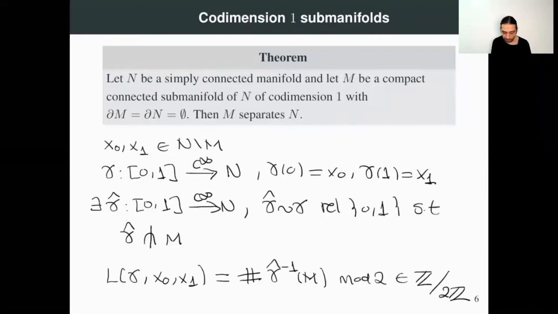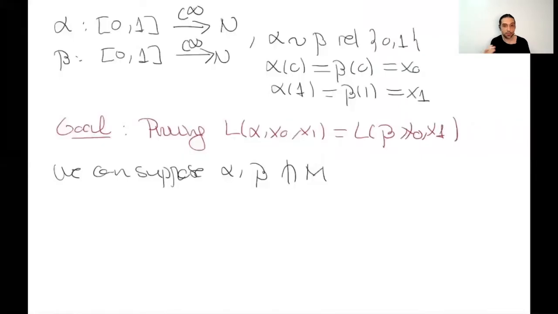Since alpha hat is going to be homotopic to alpha relative to 0, 1, and homotopy is an equivalence relation, that's possible. It's just replacing, if necessary, alpha with alpha hat and beta with beta hat. So we can suppose this.